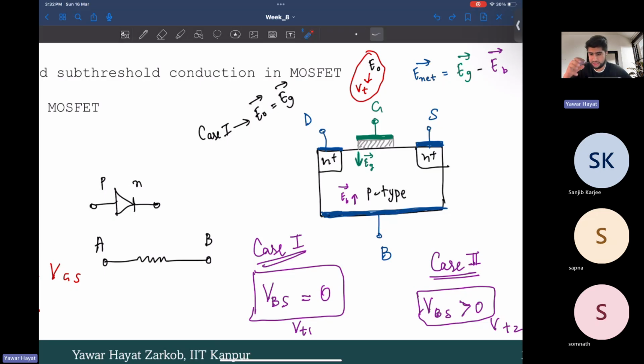Now, when I apply EB, what will happen is E net would reduce. Yes, it reduces, and E net would be less than E naught, less than EG. Earlier E naught was equal to EG.